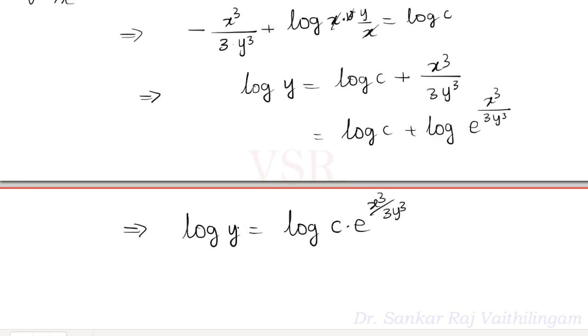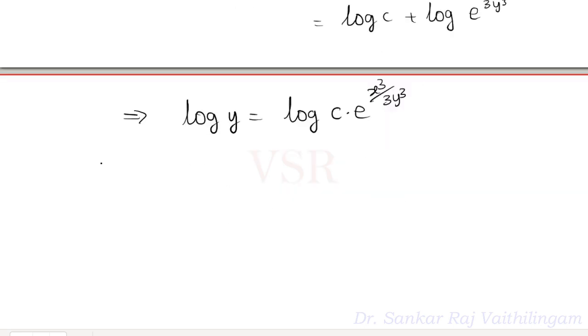Now if you take exponential on both sides, taking exponential, this implies that y is equal to c times e to the power x cube divided by 3y cube. So this is written more neatly. So we'll have x cube divided by 3y cube. So this is my solution.